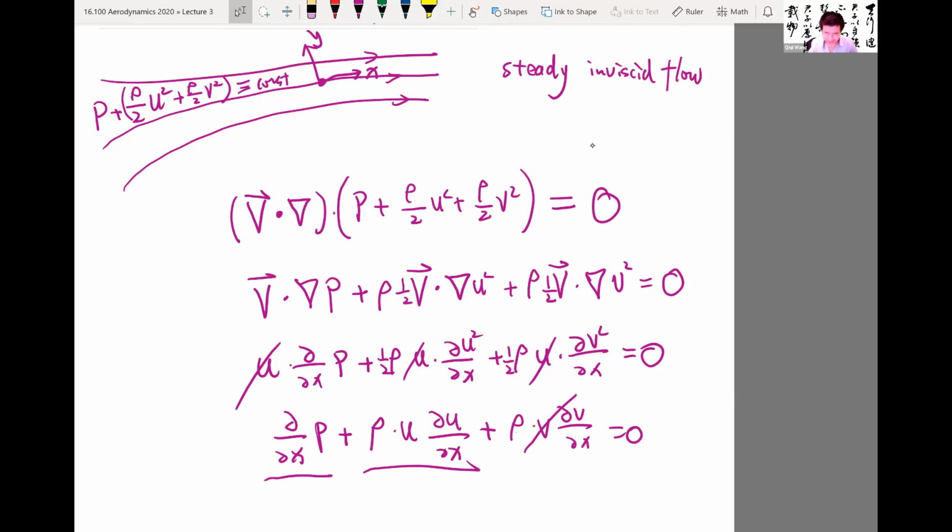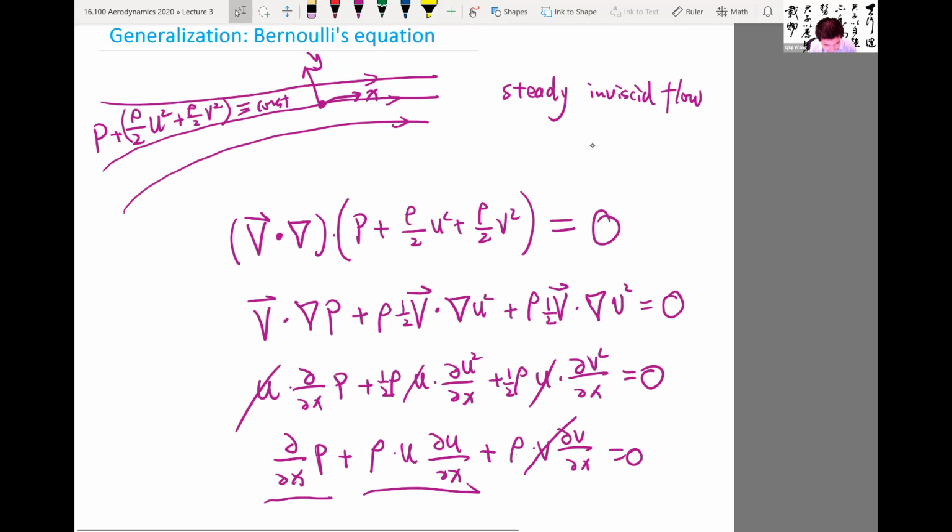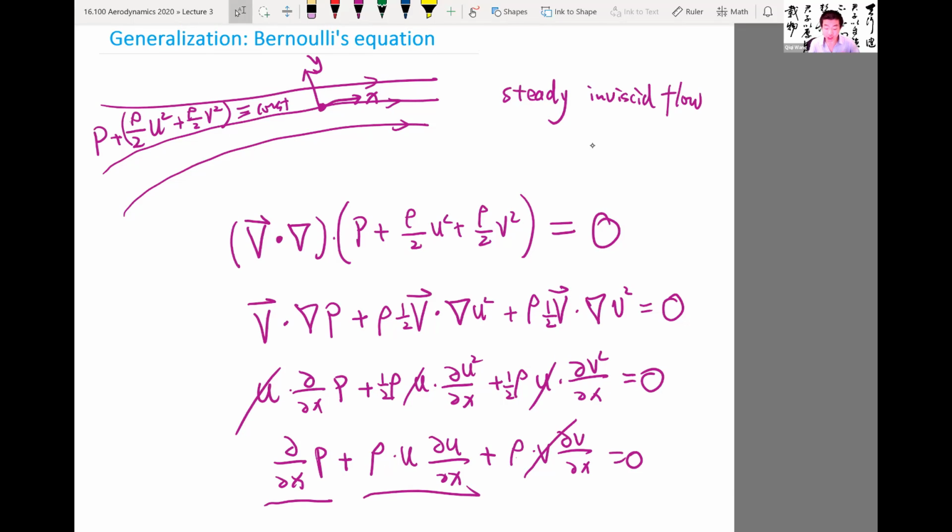That's what Bernoulli's equation is about. It's an integral form of our differential form of momentum conservation, but integrating not in just a single direction, but integrating along a streamline.